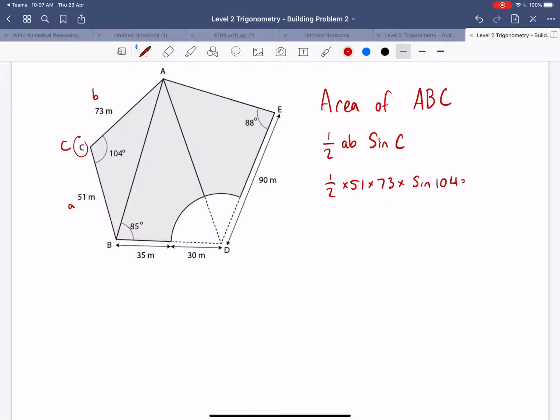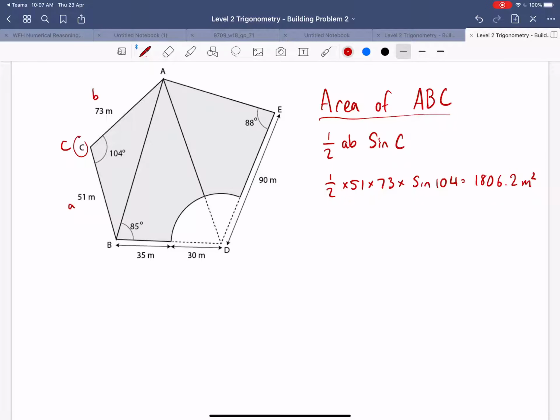On a calculator that gives me an area of 1806.2 meters squared.